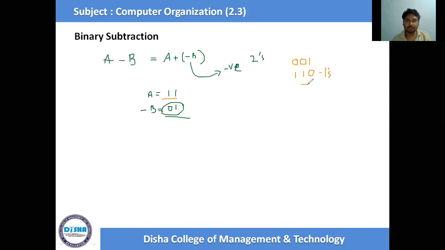Then add 1 at the LSB, and the final value is 1 1. Then we have to add 1 1. We have to put the extra 0 here.